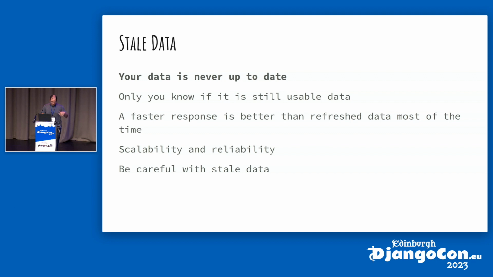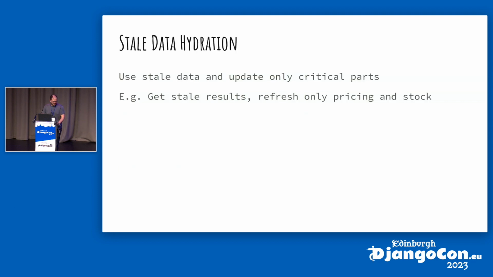It's scalability, reliability, and other things that you always have to think about. It depends, but you have to know your data to know when you can use this stale data, and how to use that. I have my best example for this in e-commerce. We serve stale data.